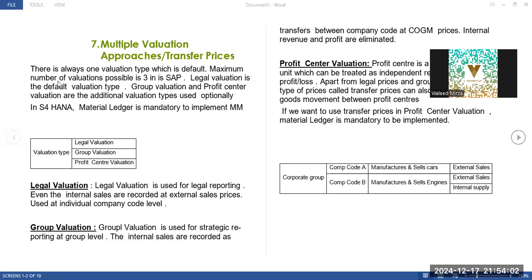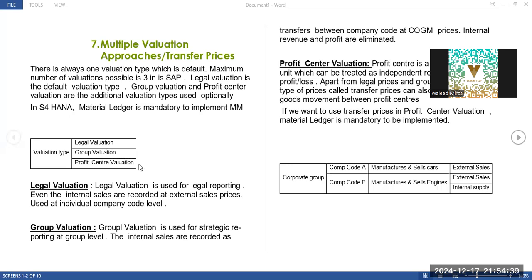Okay, as we have already seen how multiple valuations can be accommodated in SAP, and these are useful for multiple plant level valuation. In SAP, we have three types of valuations: the legal valuation for balance sheets and profit and loss accounts, group valuation, which is at the group of companies level, and then profit center valuation.